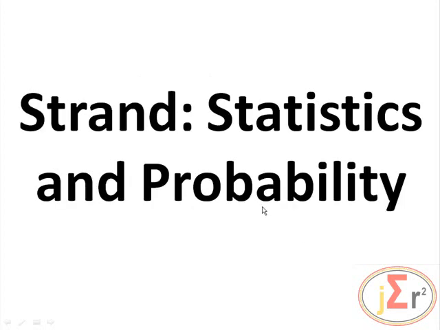And of course, it is done in strands. And the strand that we are discussing at the moment is statistics and probability. We have two questions for statistics and probability as we have for the other strands.